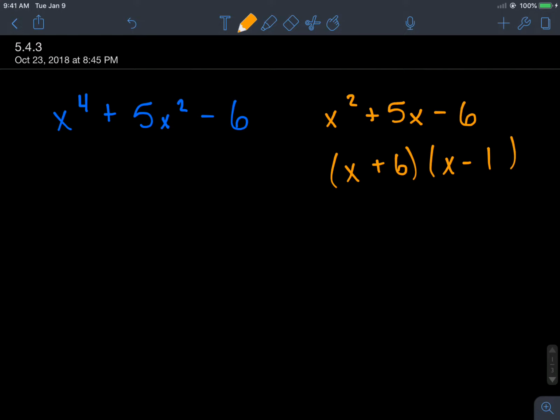Well, on the left we have x to the fourth plus 5x squared minus 6. X to the fourth is an x squared squared. So here's two different ways to think about this. We have essentially a quadratic. We have x squared squared plus 5x squared minus 6.